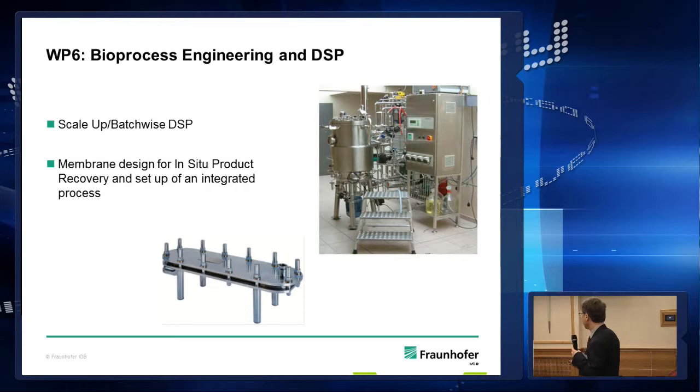In the last technical part, we have focused on bioprocess engineering and downstream processing. Here the focus is of course on cleaning of these surfactants and making them available for products. Two different sets were investigated here, a batch-wise downstream processing and an ISPR-based way.